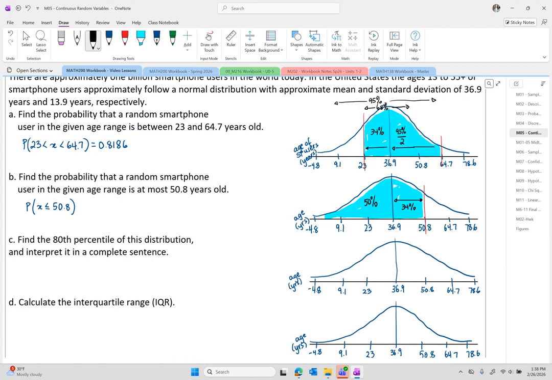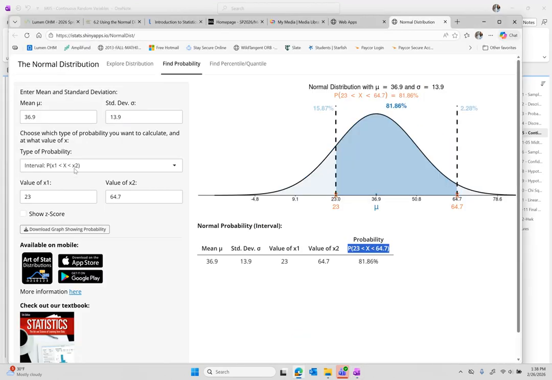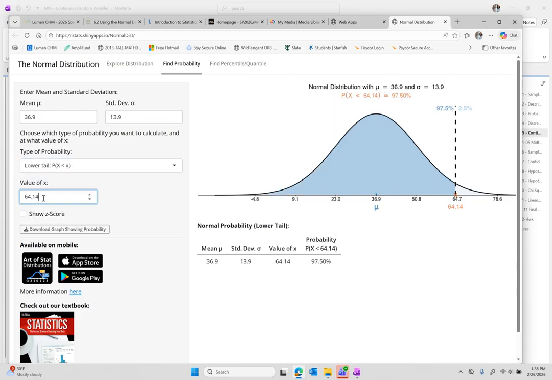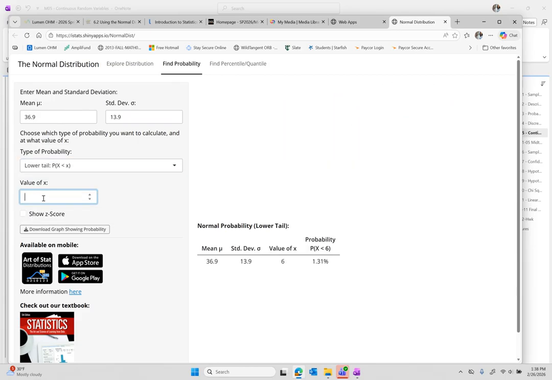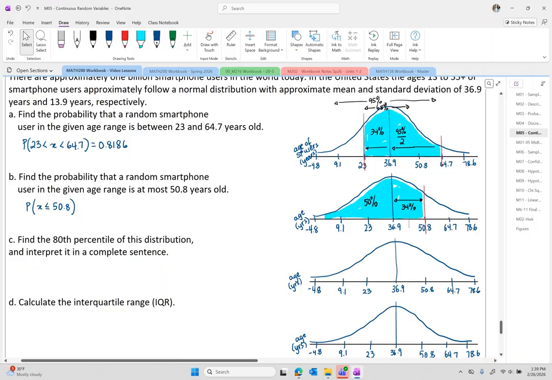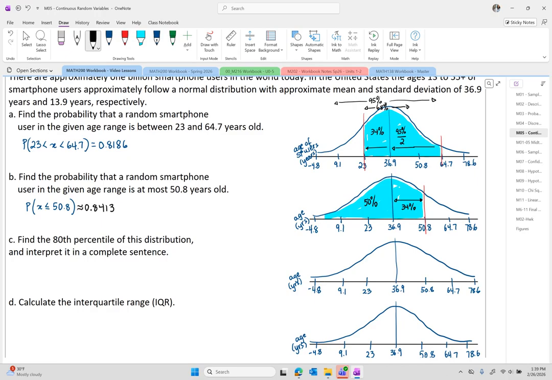So we are expecting the answer to be about 84%. Let's see if the technology will give us that. I'm looking for at most, which is a lower tail, and 50.8 is the value that they are giving us. And that is 84.13. So 0.8413, which is again approximately what we were expecting it to be.